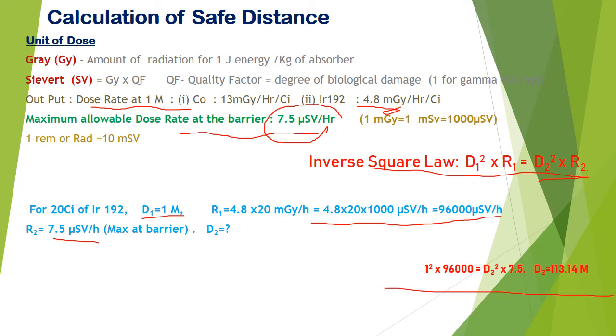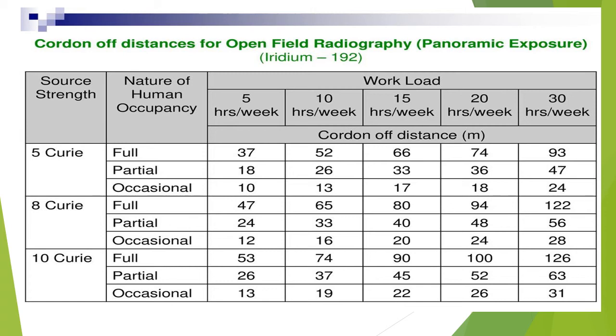From this we can make a chart like this, for 5 curie, 8 curie and 10 curie, and how much exposure there is, 5 hours per week or 30 hours per week. Accordingly your distance of barricade will vary, and it also depends on the nature of occupancy.